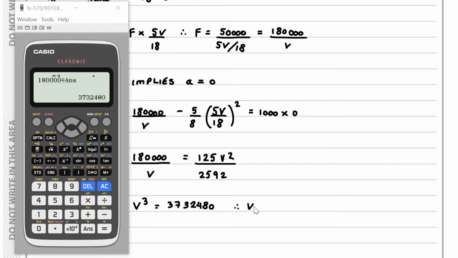So therefore we can find out what v is by cube rooting. So we will raise this to the power of 1/3. So it turns out to the nearest whole number, v is equal to 155, and this is to the nearest whole number.